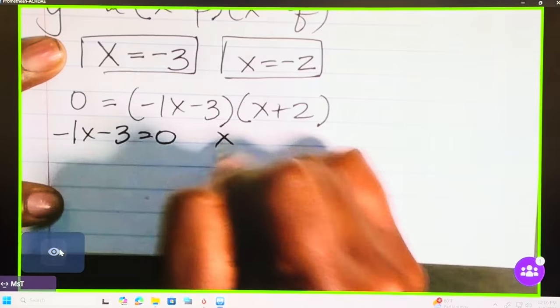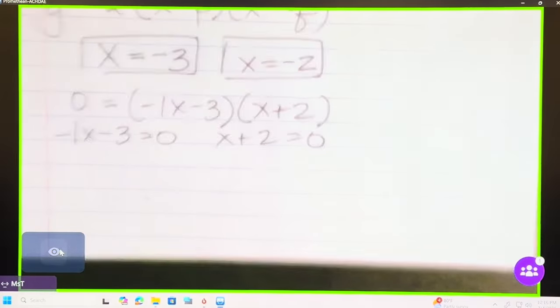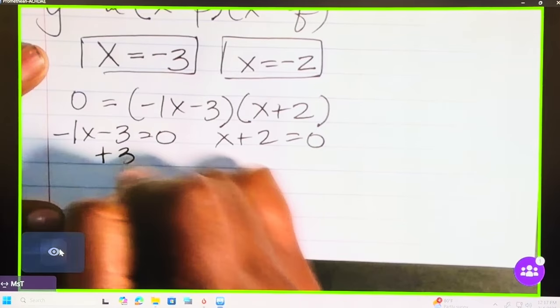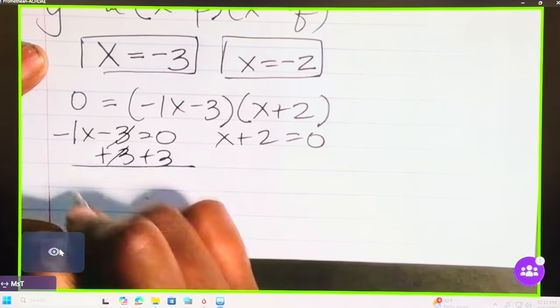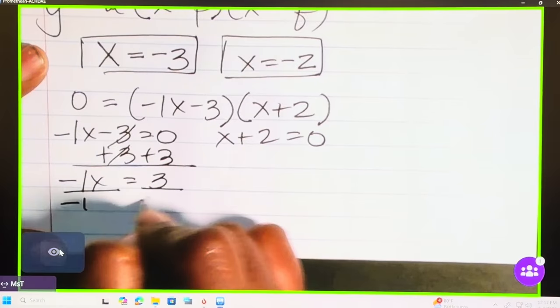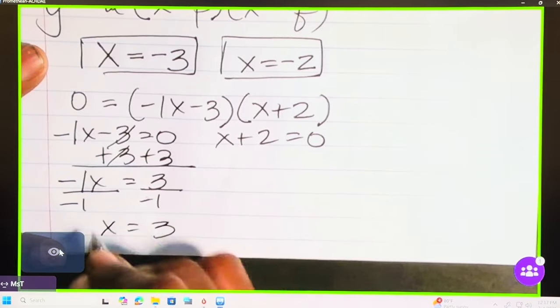Then I'm going to put x plus 2 equals 0. Now solve. What am I looking for? Solutions, x-intercepts, zeros, roots. Plus 3, negative 1x equals 3. Divide both sides by negative 1. x equals negative 3.